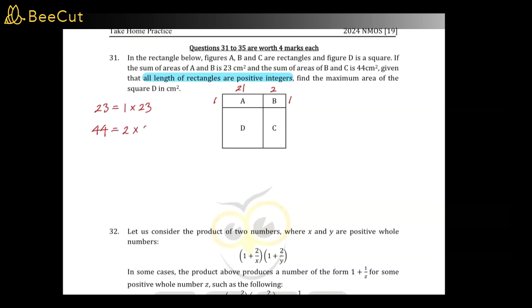Then we'll try the other option, 2 times 22. This is 2, this side is 22. So here this is 21. This way we satisfy that D is a square. Both sides equal 21. So the area of the square is 21 times 21. The answer is 441.